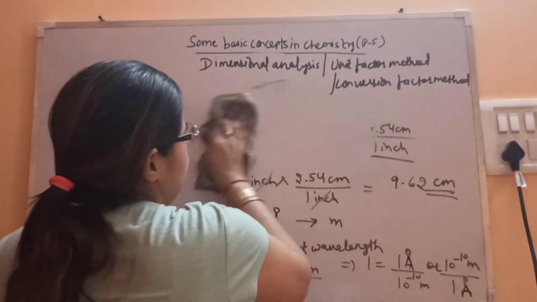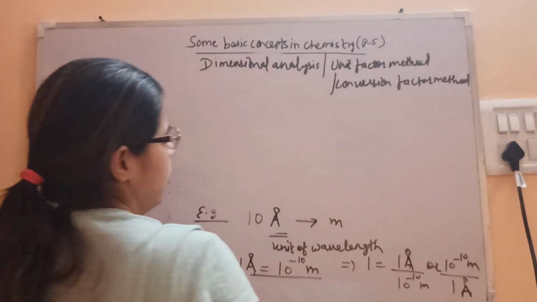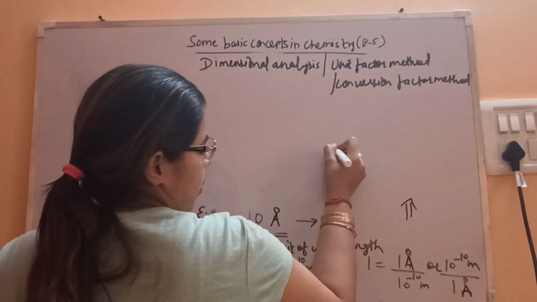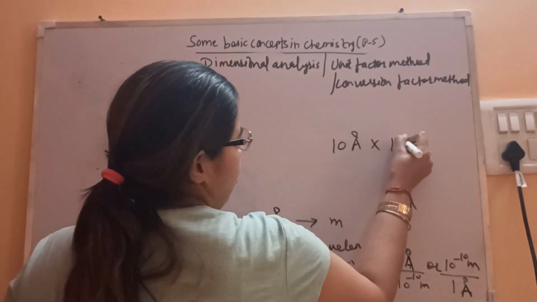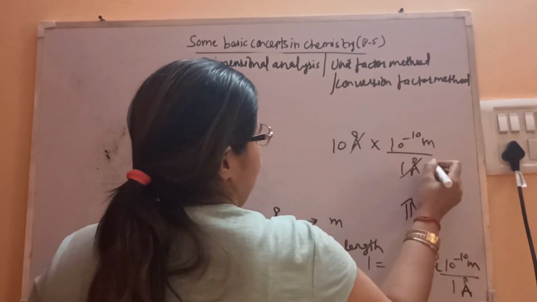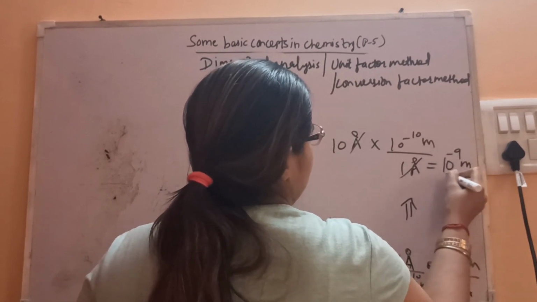Let's do this. 10 angstrom multiplied by 10 to the power minus 10 meter divided by 1 angstrom. Angstrom cancels out, and you will be left with the answer 10 to the power minus 9 meter.